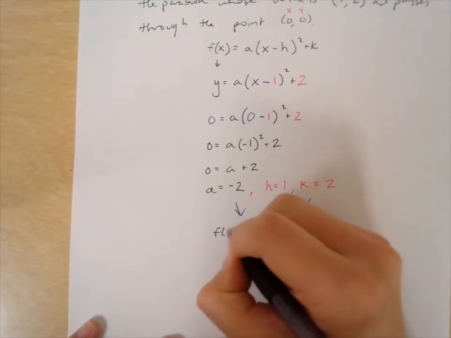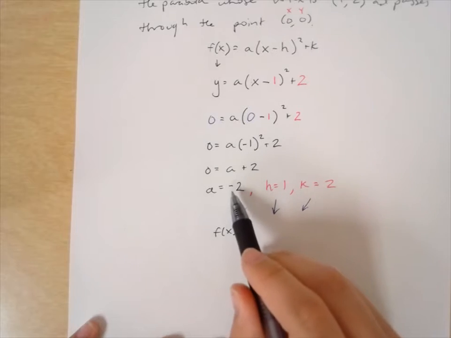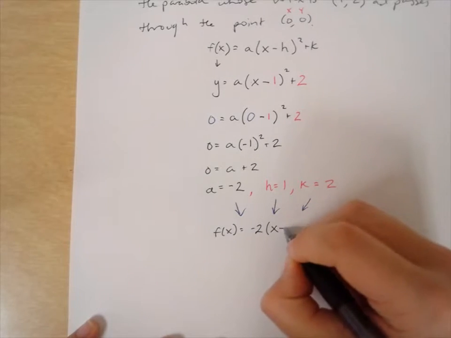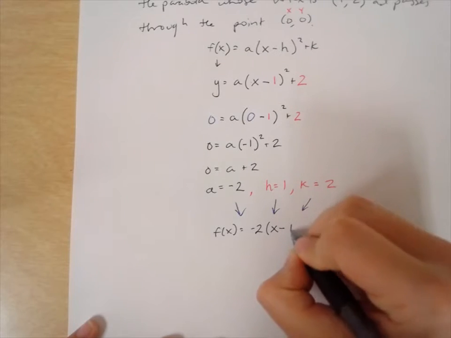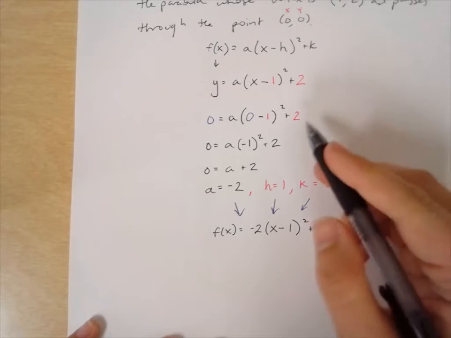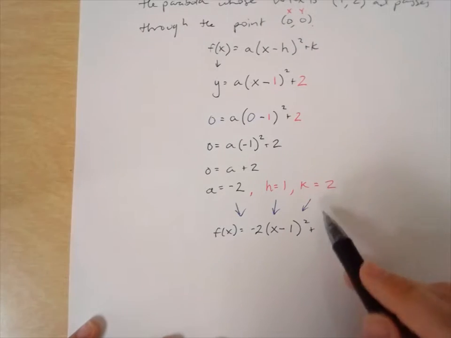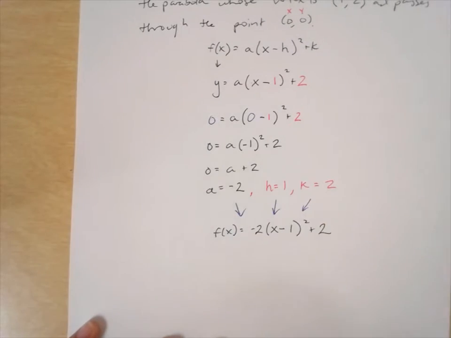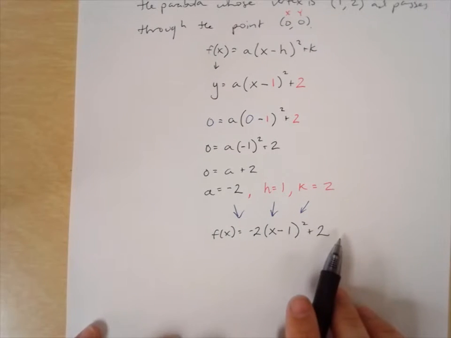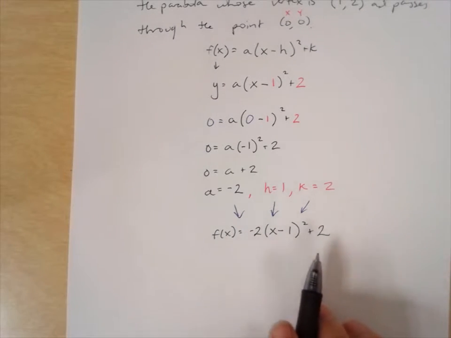So we're going to start with f of x equals, now we can fill in that a value, negative 2, x minus our h value, which is 1, squared, and then plus our k value, which we found to be 2. And there we have it, an equation in standard form with the vertex of 1, 2, passing through the point 0, 0.